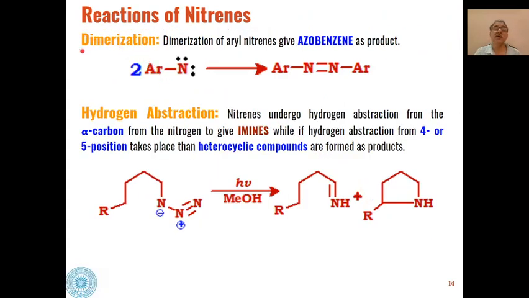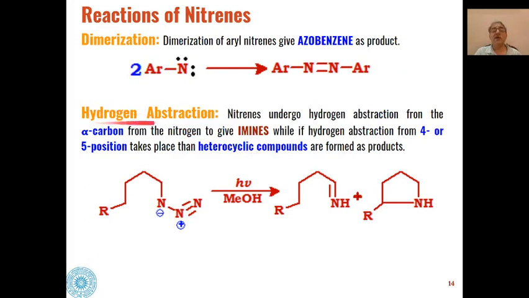Then nitrenes undergo dimerization, and this reaction is used for the synthesis of azobenzene, and such compounds can be further used to form many types of dyes. So aryl nitrene undergoes dimerization to give azobenzene as the product.